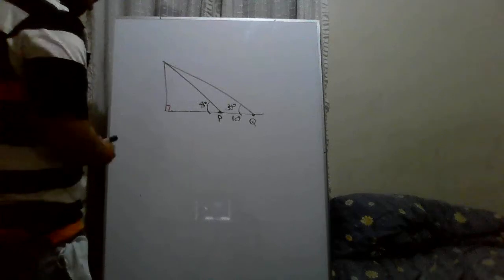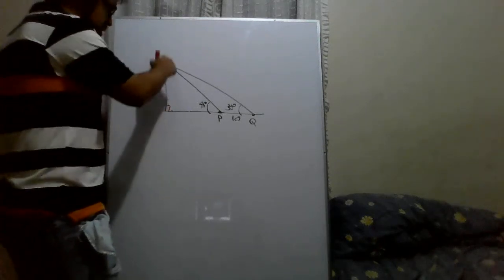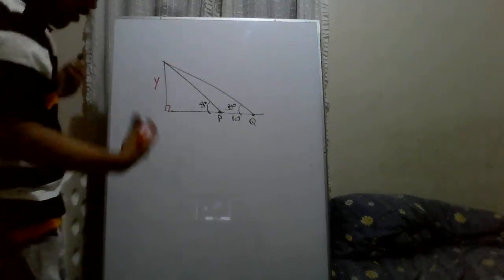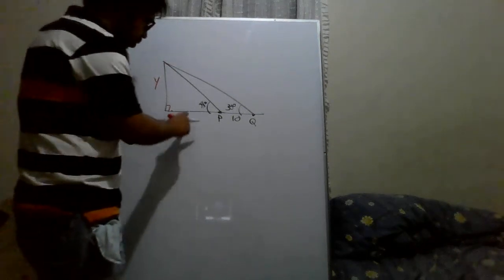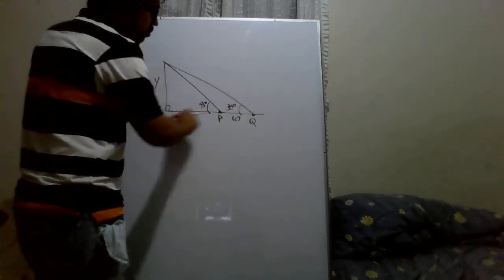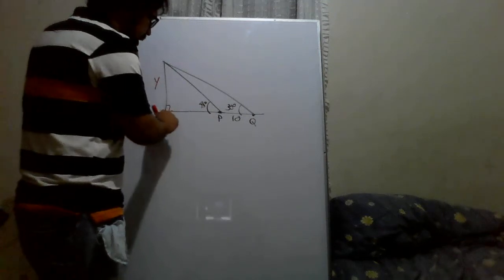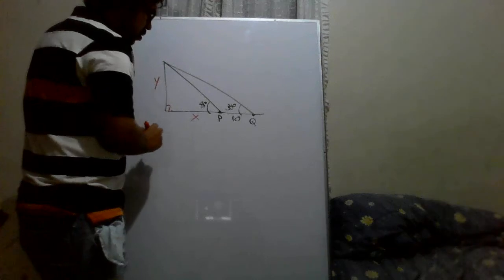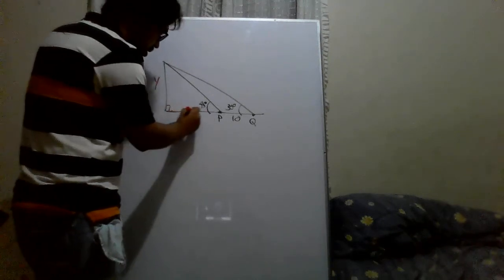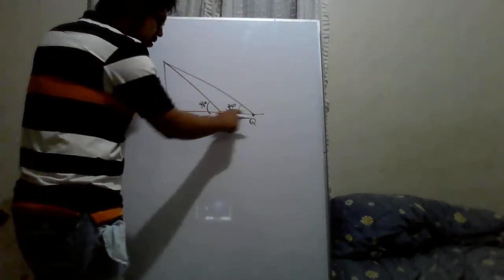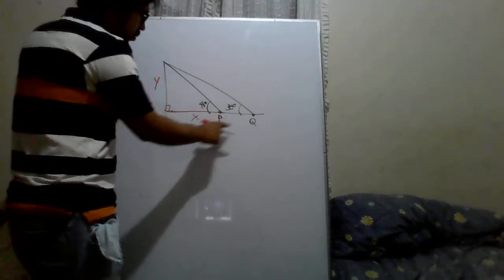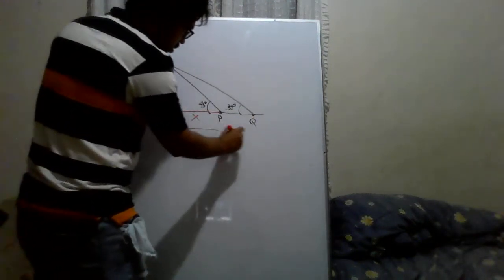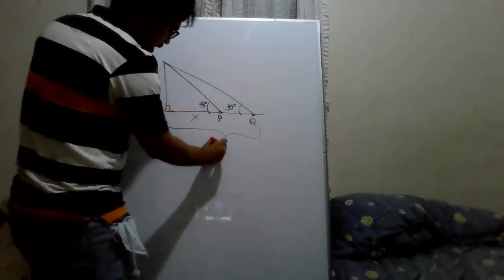Basically you are looking for this, let's call it Y. You don't know these other sides, but you can name this side X, and if this is X and this is 10 meters extra, then this whole side is X plus 10.